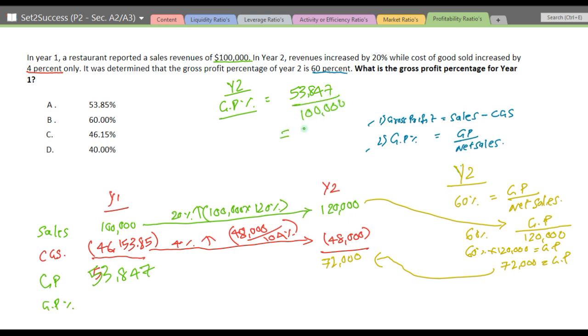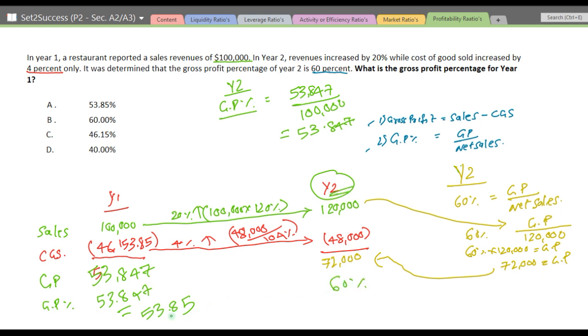So this comes to 53.847, which is 53.85 percent.